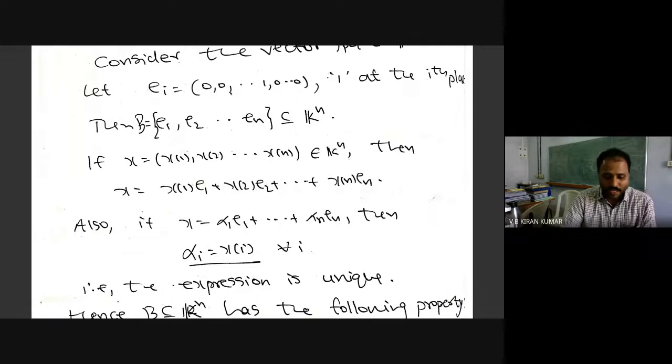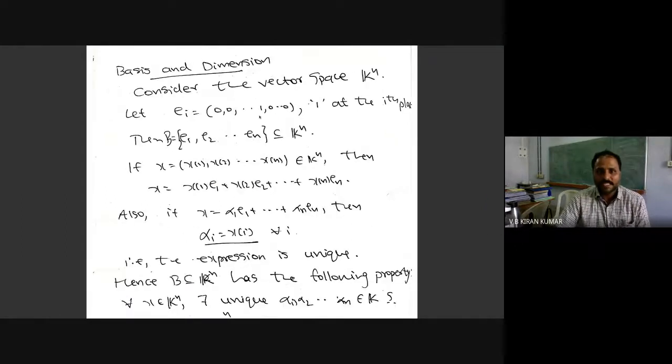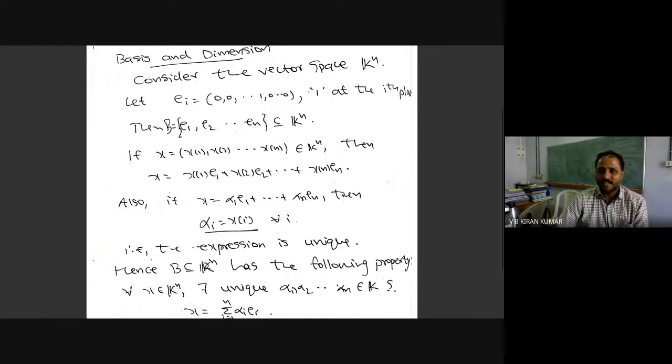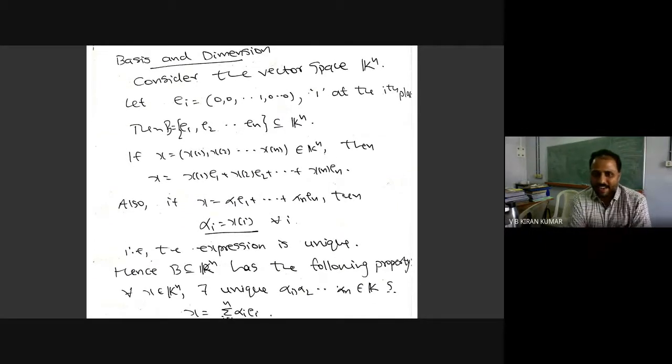So we are considering the basis and dimension. Okay. So what is a basis? So for example, you consider K^n and consider the standard basis, I mean, E1, E2, etc., En, where Ei is 0, 0, and so on elsewhere, and the ith entry you have 1.